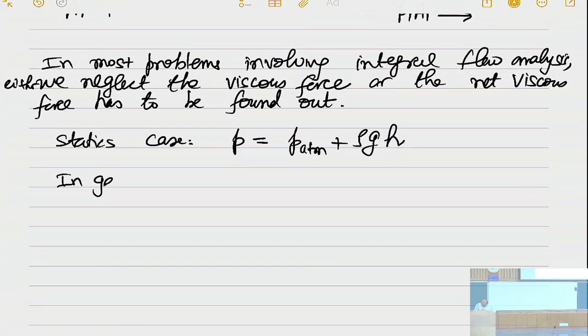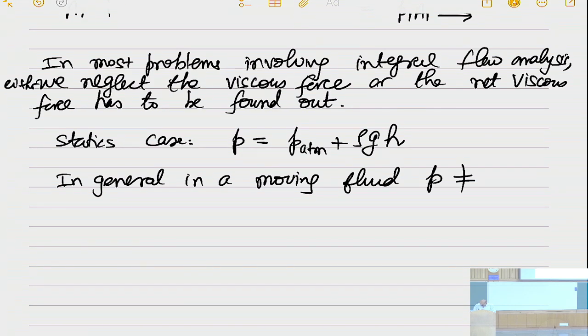But in general, in a moving fluid, the pressure distribution cannot be taken as static, because static is when the fluid does not move, then you say P is equal to P atmosphere plus rho GH. But in a general case, pressure is not equal to the static pressure and will probably have to be prescribed.